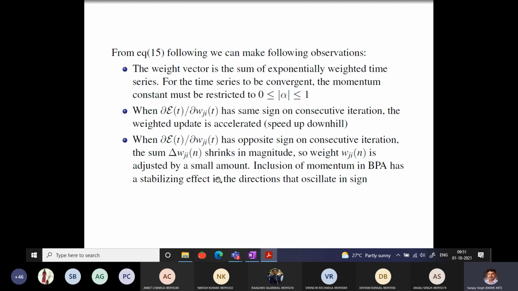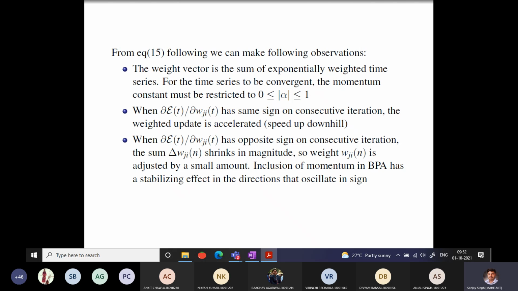So weight is adjusted by small amount. Now the inclusion of momentum in BPA has a stabilizing effect in the direction that is oscillating in sign. So it also takes care of that kind of oscillation. So this was all about how things change when we add the momentum term.